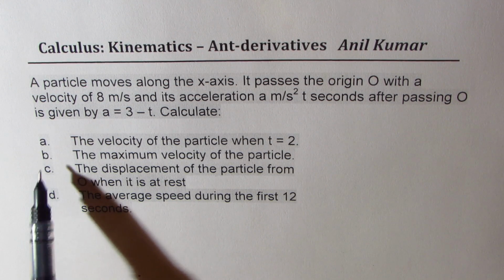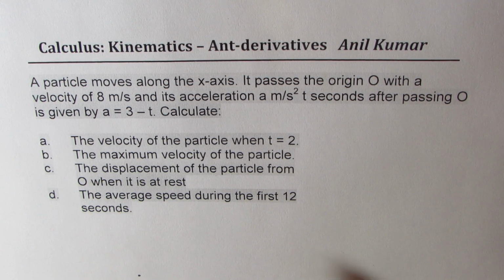You need to calculate: a, the velocity of the particle when t equals 2; b, the maximum velocity of the particle; c, the displacement of the particle from O when it is at rest; and d, the average speed in the first 12 seconds.